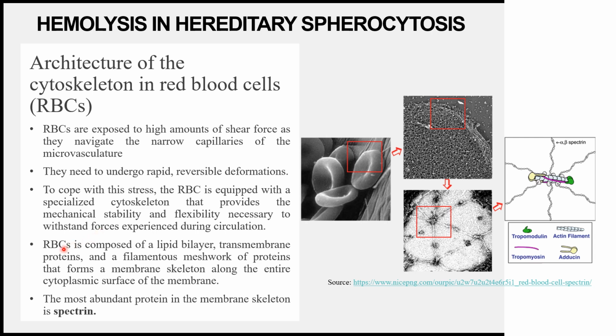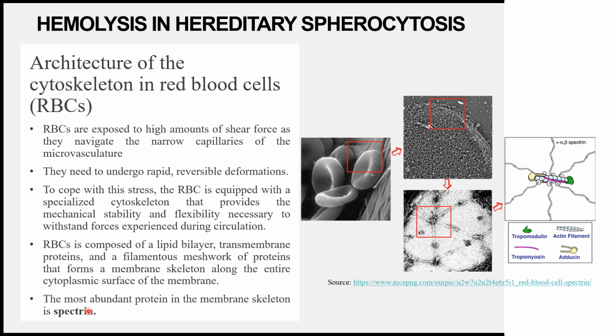In terms of structure, the red blood cell has a lipid bilayer, a transmembrane protein, and a filamentous meshwork of protein. This filamentous meshwork forms the membrane skeleton along the entire cytoplasmic surface of the membrane, and the most abundant protein in the membrane skeleton is spectrin.